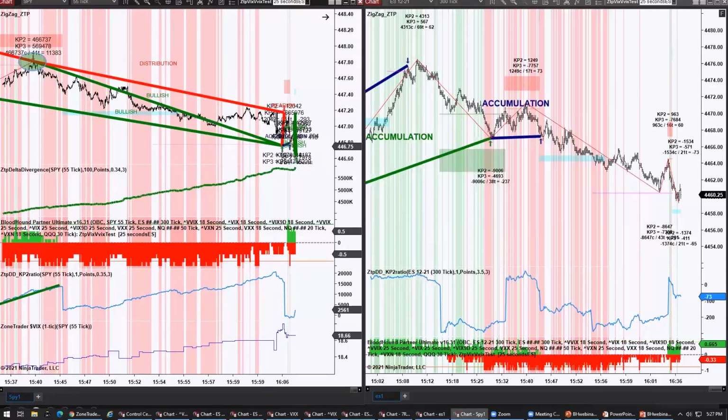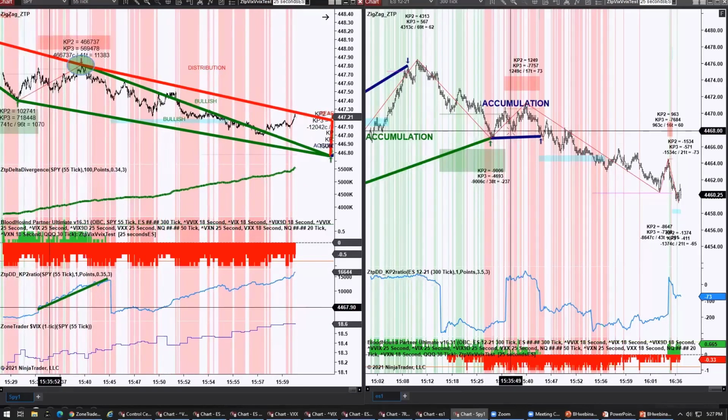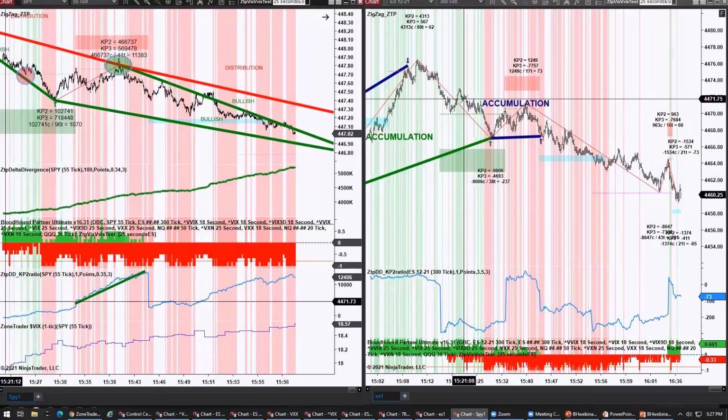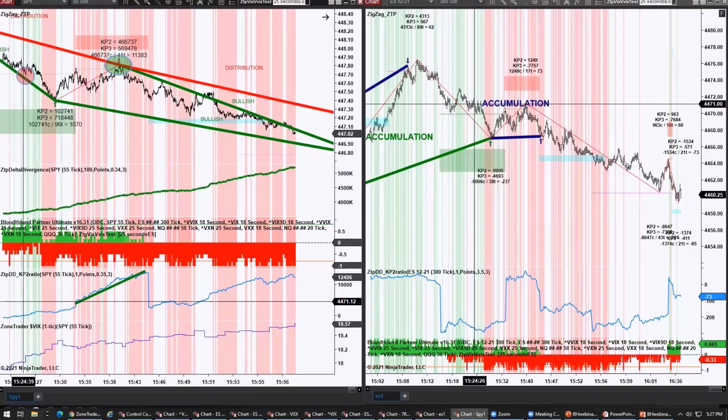Dan asks a good question: can the BloodHound strategy be turned into an automated entry strategy, and we manually exit and wait for the next signal? Absolutely. Any BloodHound signal right here can be automated with Blackbird. However, I'm going to suggest you don't do that, because you can see that we momentarily right here got a flip and then it flips back right here.